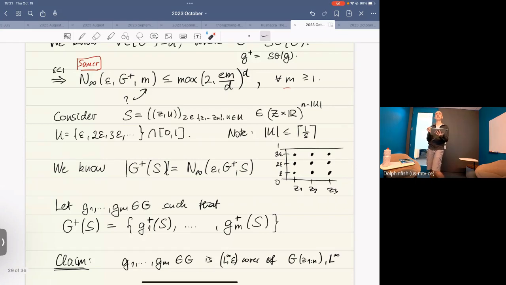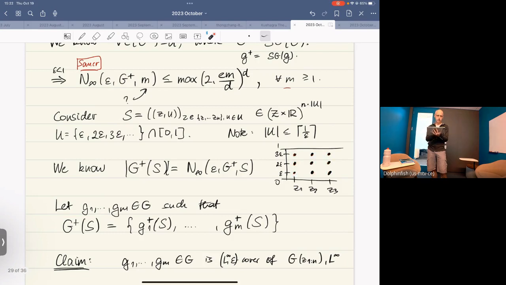So I'm going to discretize the 0, 1 interval, taking the discretization points epsilon, 2 epsilon, 3 epsilon, and so on, and I create this grid. So for every z and every point on my epsilon grid, I create a pair. This is going to be my S.